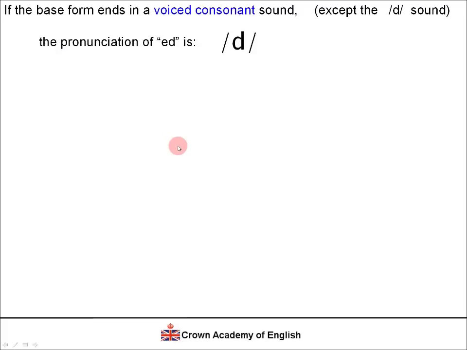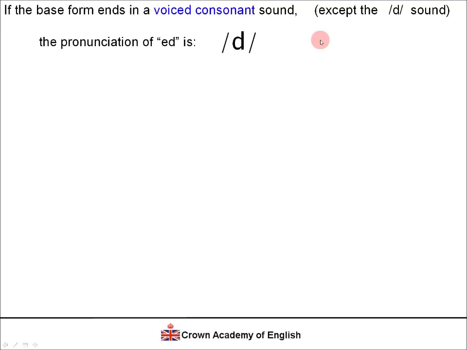Also, if the base form ends in a voiced consonant sound, except the d sound, then the pronunciation of ed is also d. Okay, so what is a voiced consonant sound?